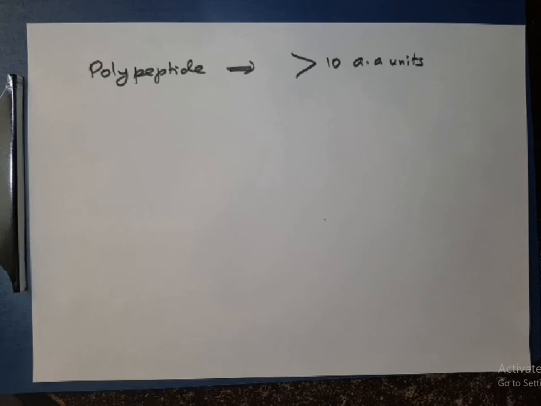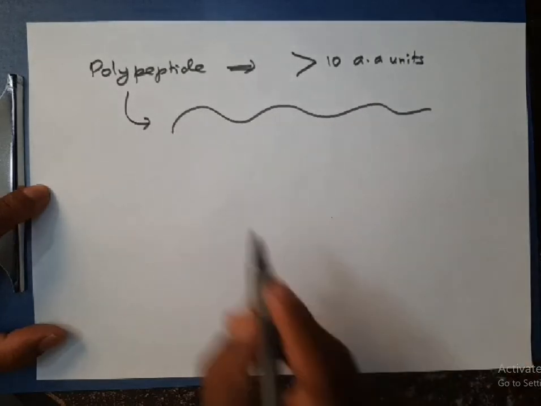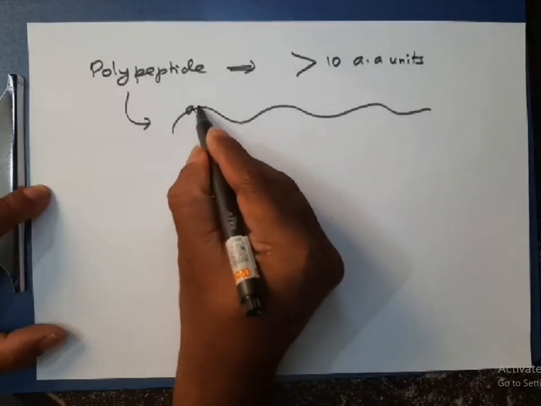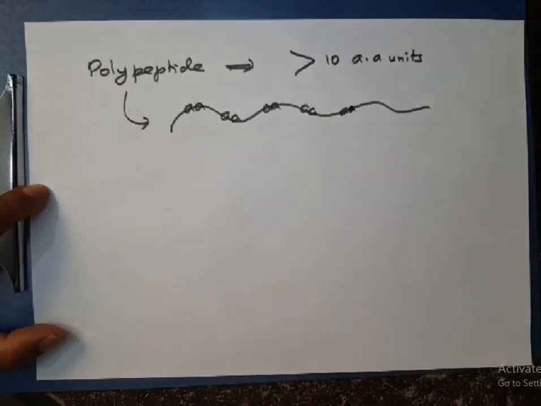Okay, so if many amino acid units join together by peptide linkage, you will get what is called a polypeptide. A single polypeptide chain can exist as a protein, or sometimes two or more polypeptide chains join together and exist as a protein. Students, observe carefully. A polypeptide, you can write as a chain which consists of many amino acid units joined together, forming the polypeptide chain.